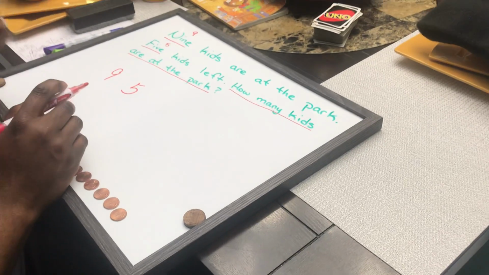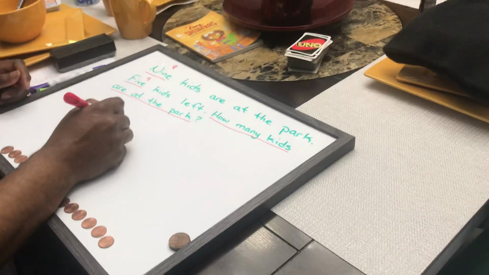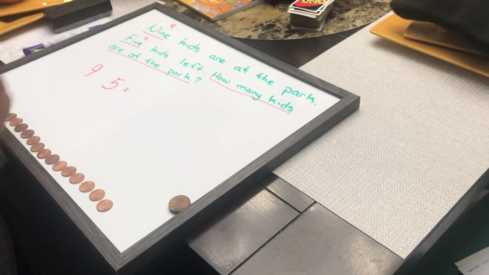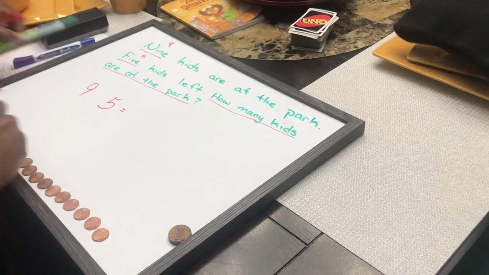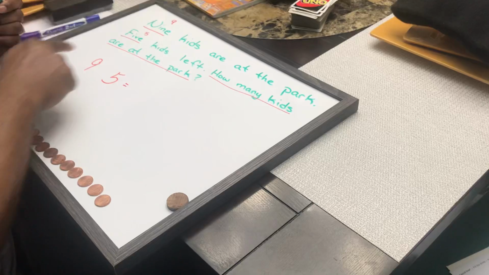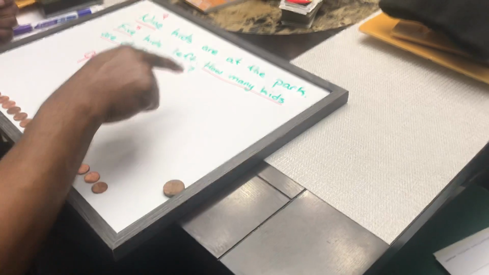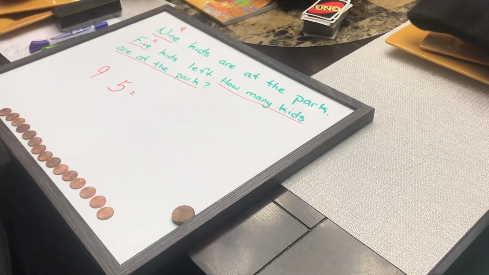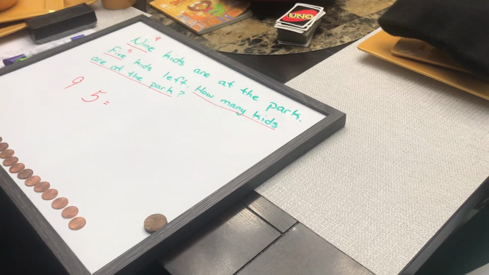So now we need to figure out what goes here. We know that this is going to be equal, but what goes in that middle? So when we're looking back at our story, let's read it again. 9 kids are at the park, 5 kids left. Hold on. Well, let's solve it.